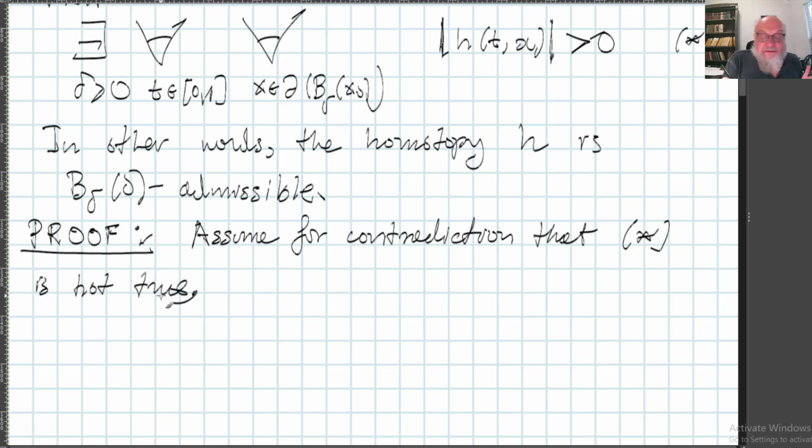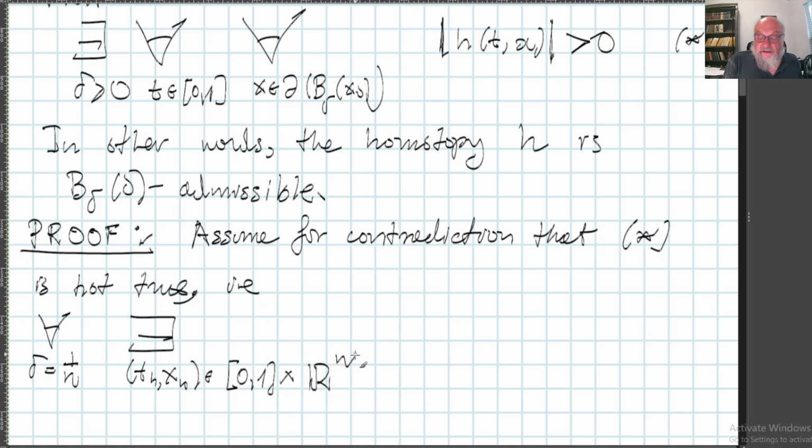That means in particular that for every delta, take delta 1 over n, a natural number, there exists a point (tn, xn) belonging to [0,1] times Rn, satisfying the properties that first of all tn is in [0,1] and the norm of xn minus x naught is equal to 1 over n.